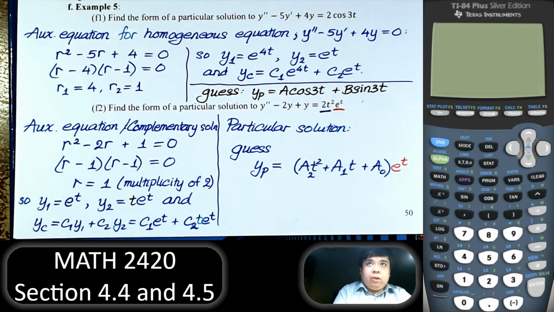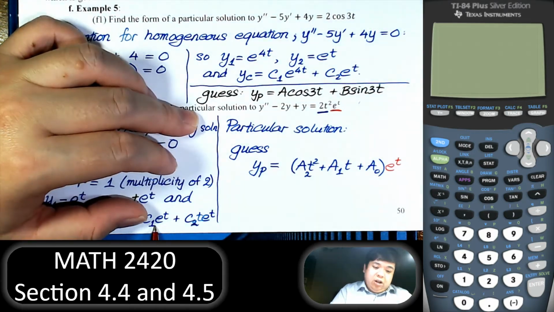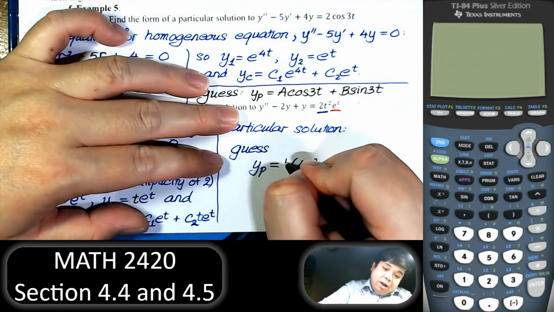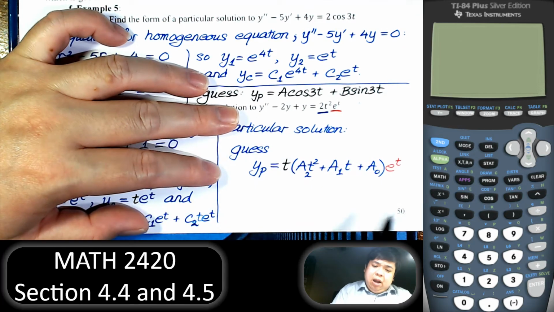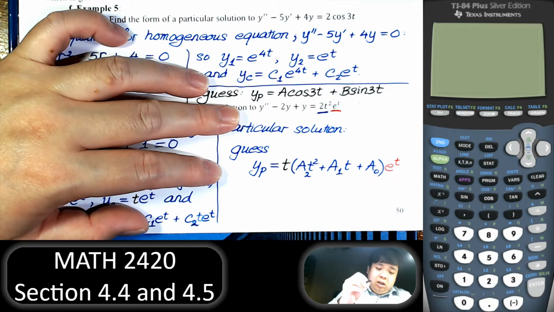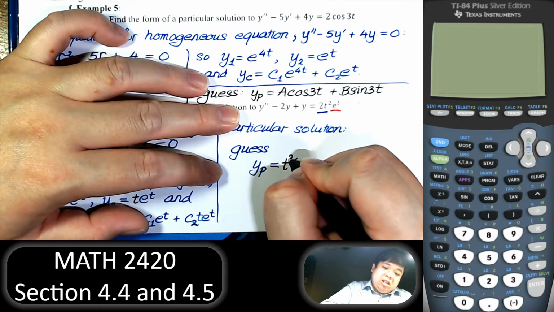Now, that one is redundant with this. So if it's redundant, multiply by t to it. But when we multiply, we have the constant times t times that, still redundant. So in this case, we actually have to multiply by t squared.